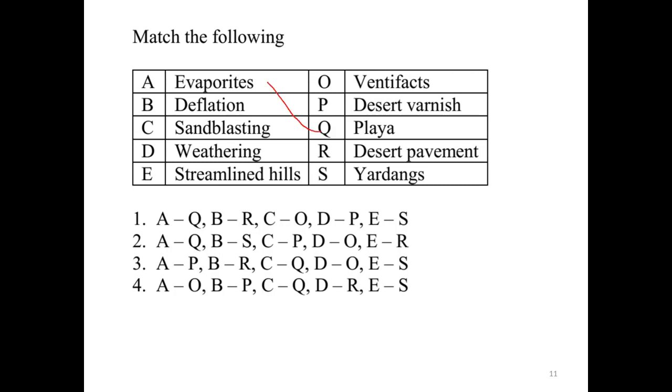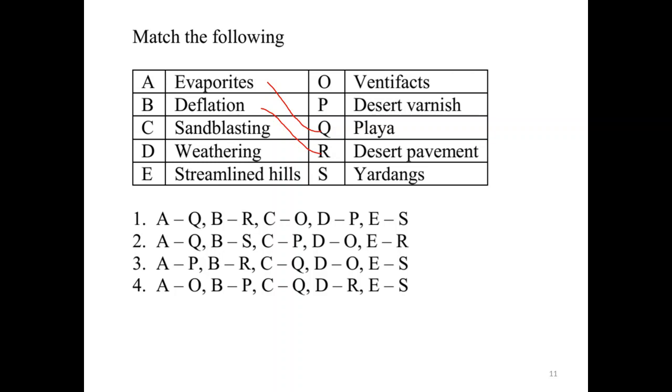What about deflation? Deflation is a type of aeolian weathering and wind erosion. In deserts we can see the deflation platforms where high velocity winds remove the finer particles and the coarser ones remain there, and therefore we get the desert pavements.